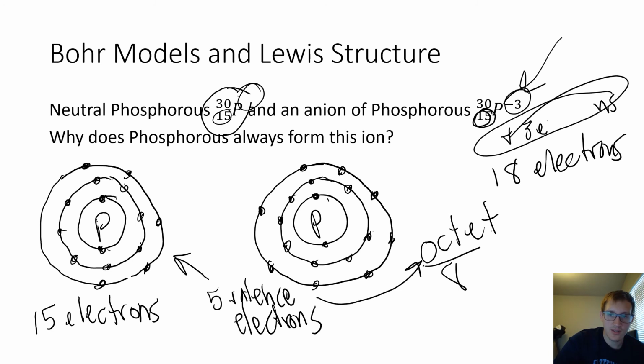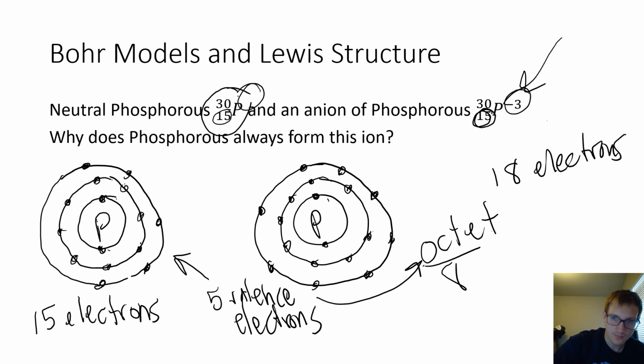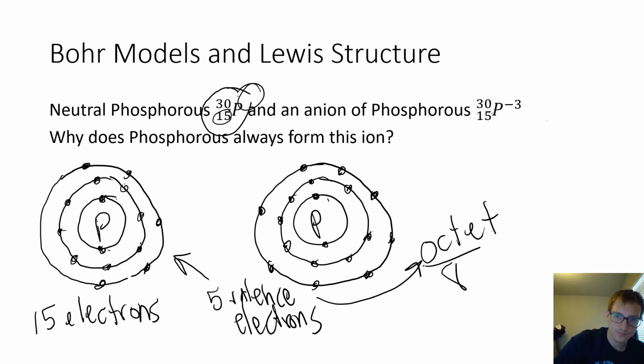Now I'm going to erase some of this stuff up here so that I can show you Lewis dot structures. Okay, so if you remember, Lewis dot structures only show the valence electrons. So if I do phosphorus like this, I put a P, and then this one has 5 valence electrons. So what I do is I do 1, 2, 3, 4, and then 5. Now for the ion, technically I would have 8.